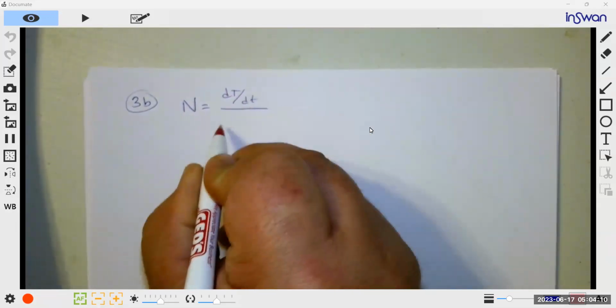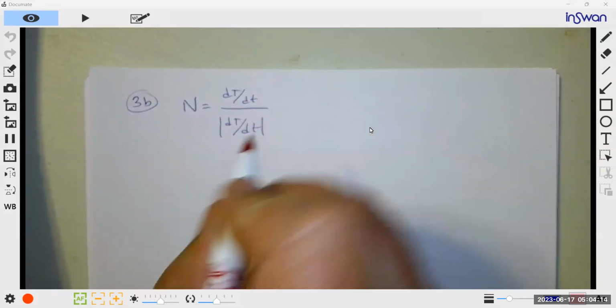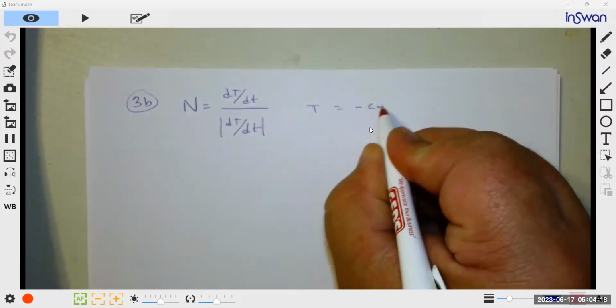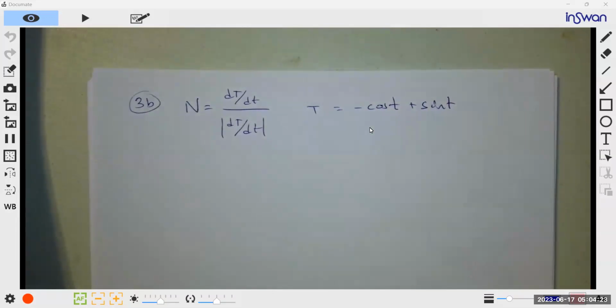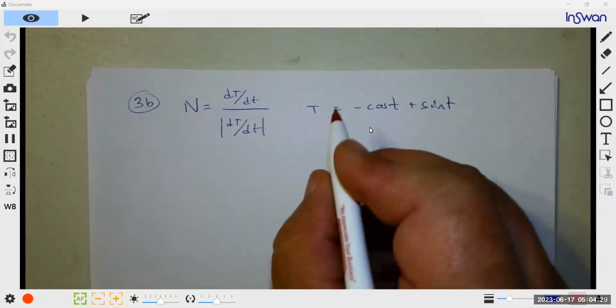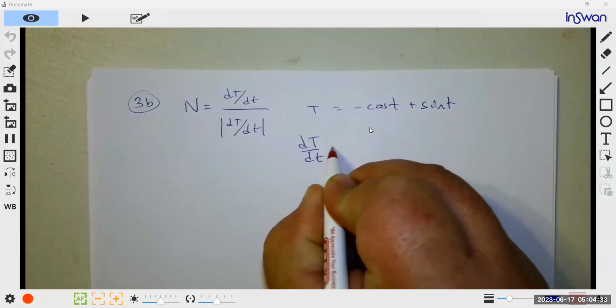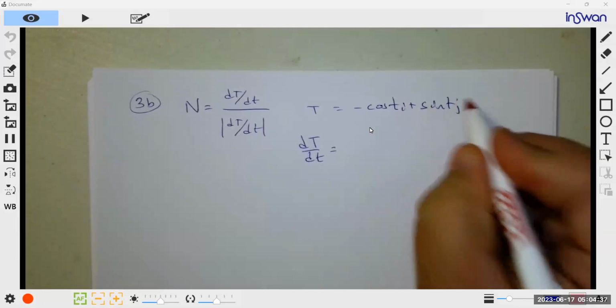Over the magnitude. And our T was negative cosine T i plus sine T j. So the derivative of T with respect to t, derivative of, this is i and j.